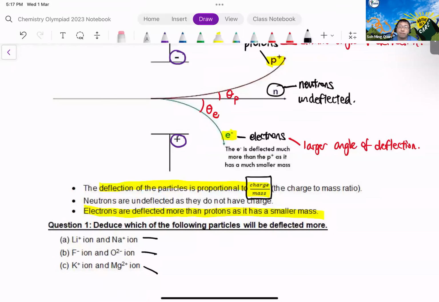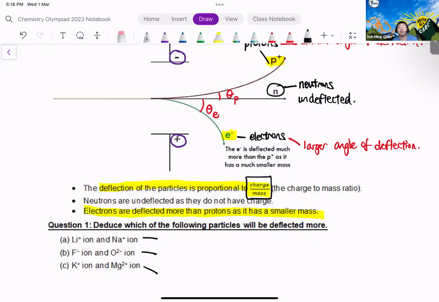Okay, so now can I invite those in the Zoom room to just type in the chat? For 1A, which particle is deflected more? Is it Li plus or is it Na plus? Just type in the chat. Okay, I see 2 responses. How about the rest?